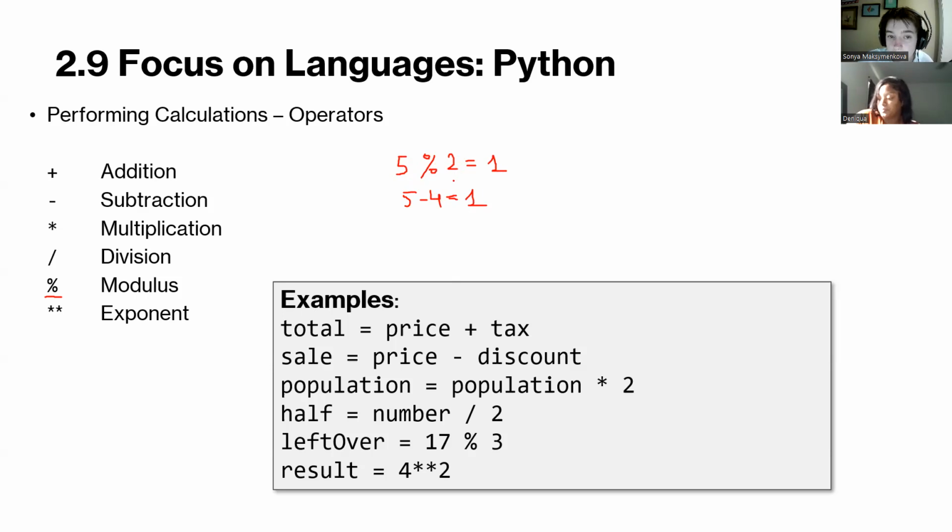So modulus looks for the closest number that divides as a whole. It was a little bit hard for me to understand at first, but if you think of it in steps, find the closest number and then take the difference between the two. Like the leftover. Here they do 17 modulus 3. The closest one that divides by 3 is 15, so we do 17 minus 15 and get 2.